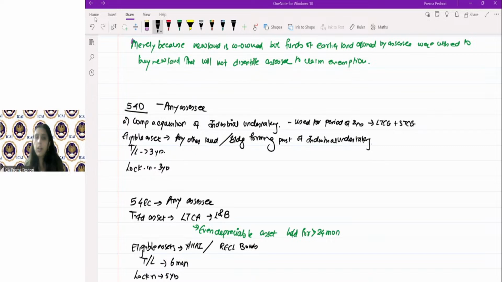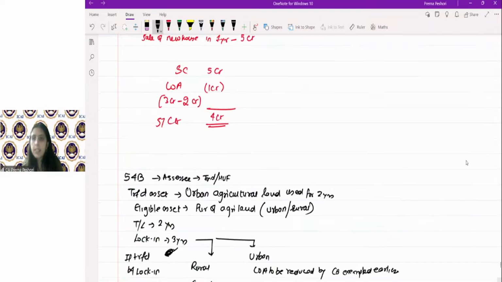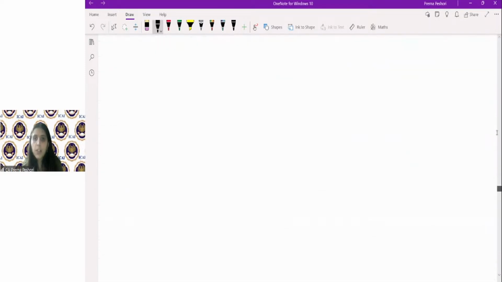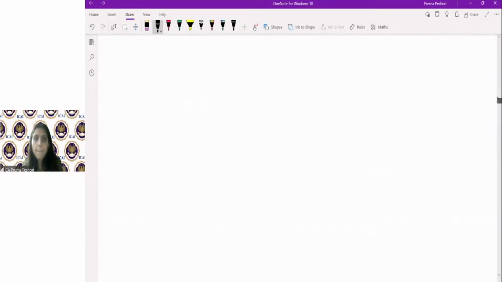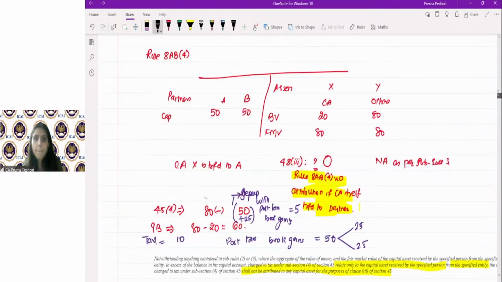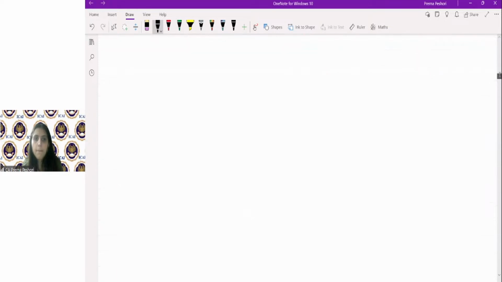So you can make a point where we had done the exemption under 45(2). You can write a point over there.